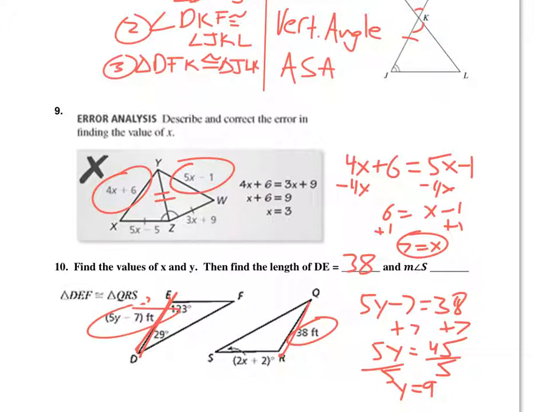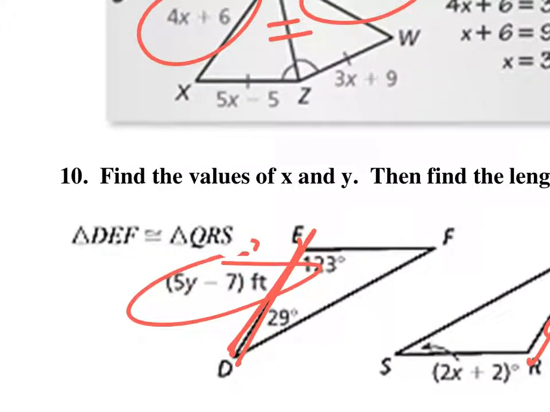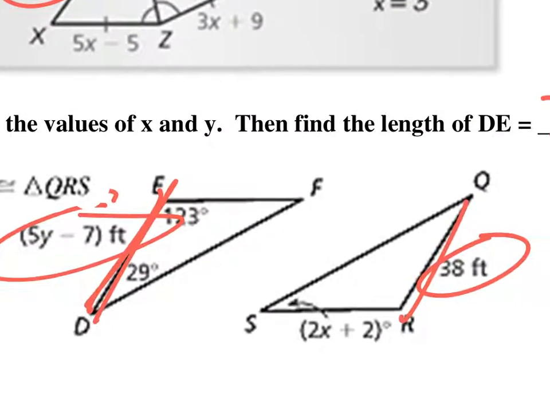Okay? Angle S, well, what does angle S correspond to? Well, we look at our congruent statement here. S and F are in the same spot, so S and F have to be the same. Well, how big is F? It doesn't say. Well, we got to figure that out, so let's do that.